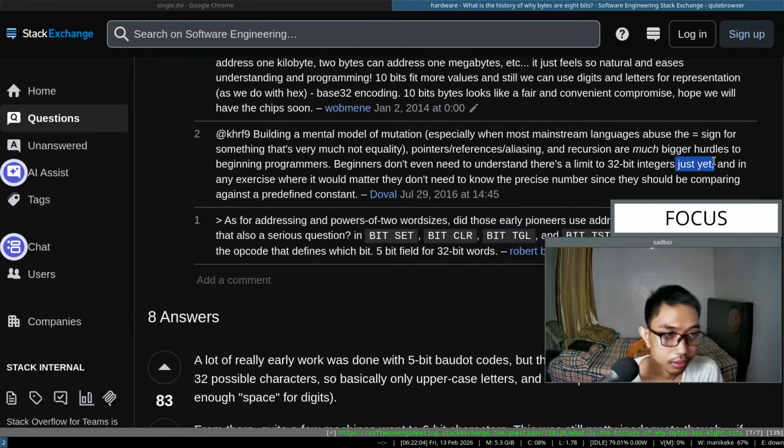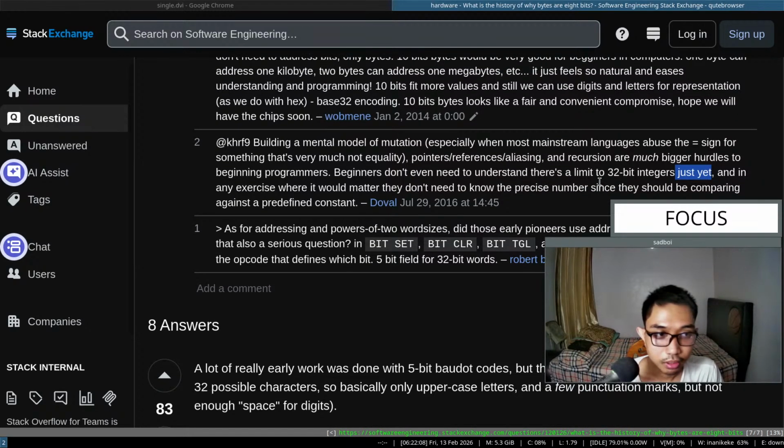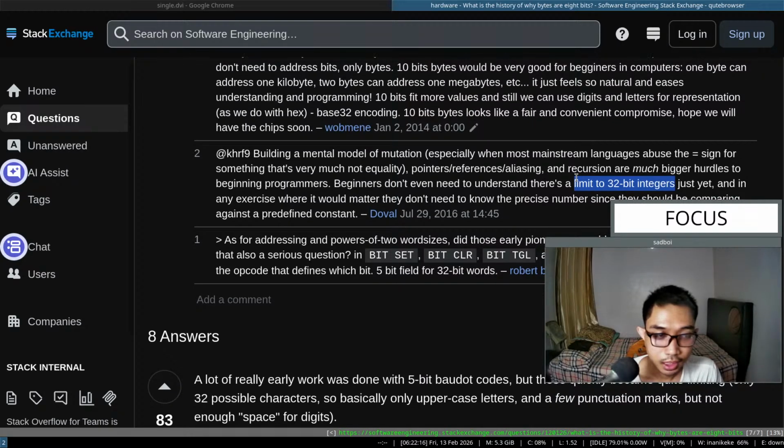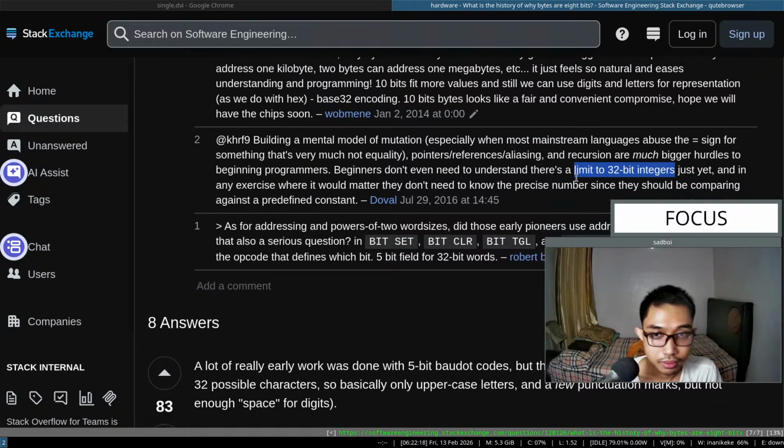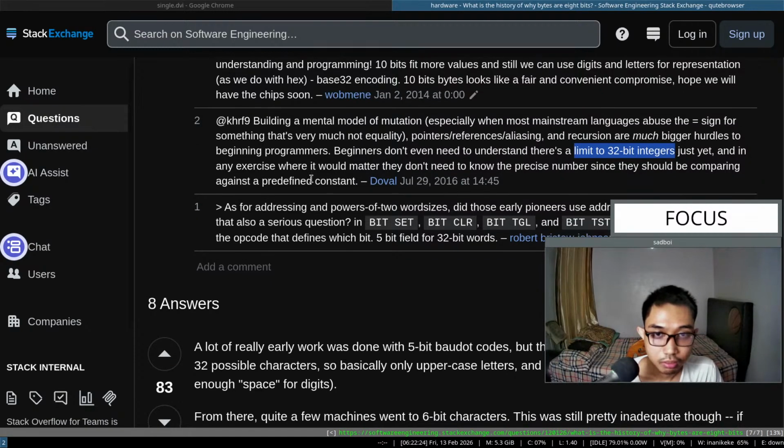Right. If the beginner needs to think about the limit of integers, then they might be overwhelmed, one step at a time. And in any exercise where it would matter, they don't need to know the precise number since they should be comparing against a predefined constant.